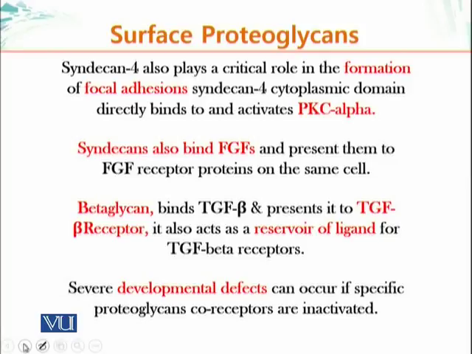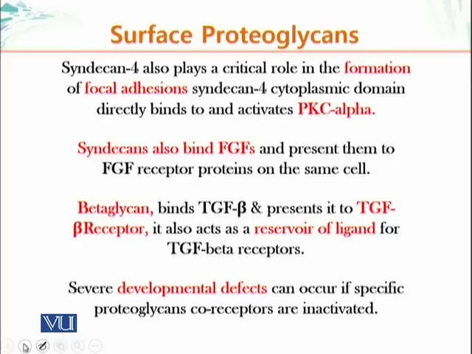Betaglycan binds TGF-beta and presents it to the TGF-beta receptor. It also acts as a reservoir of ligands for TGF-beta receptors. So you can store some of these signaling molecules by using these specific proteoglycans.